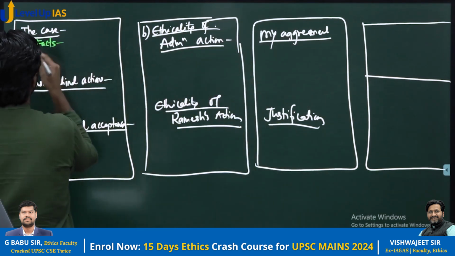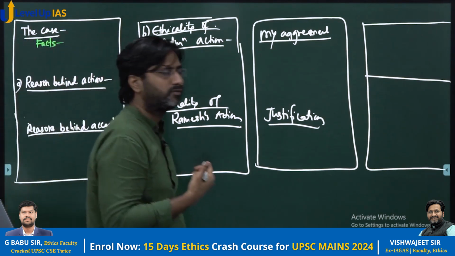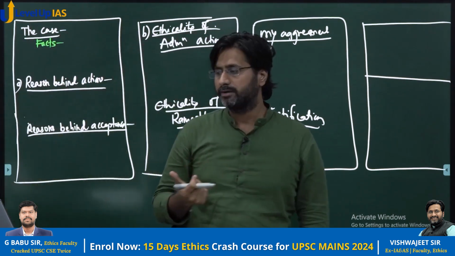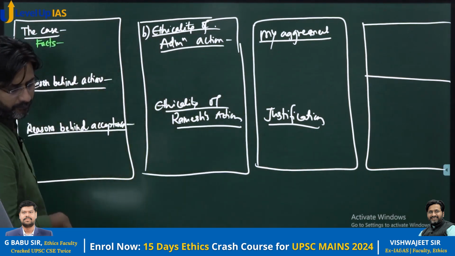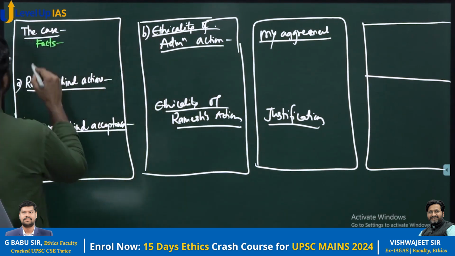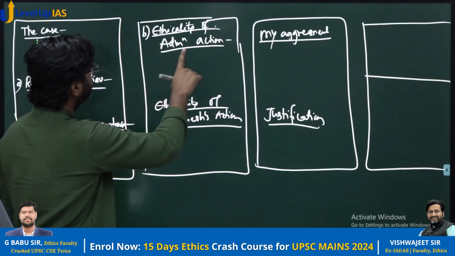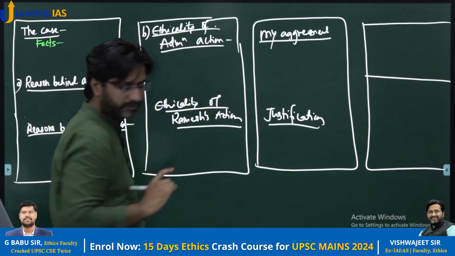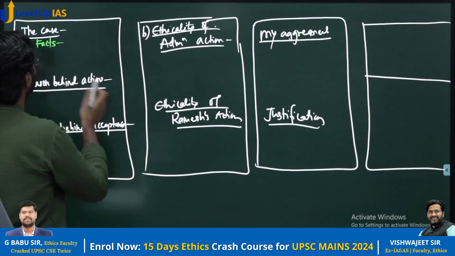Then here my roles and responsibility won't work because I am not part of the situation, so that part won't be there. Then basically, ethicality is also taken care of later on, so that should not be repeated.